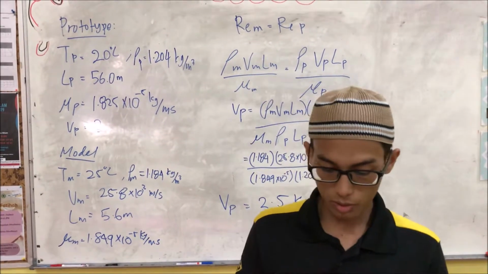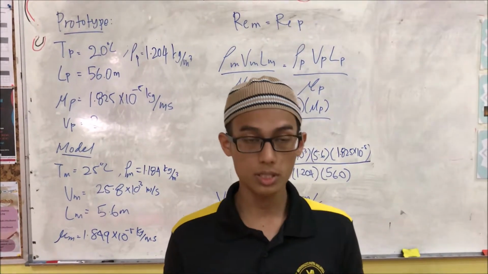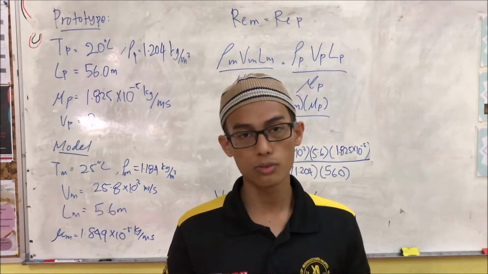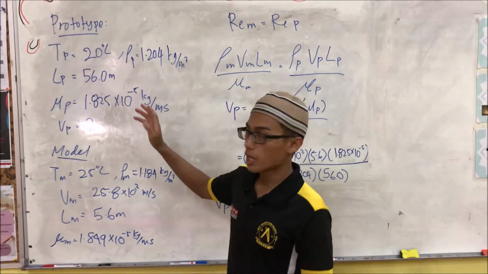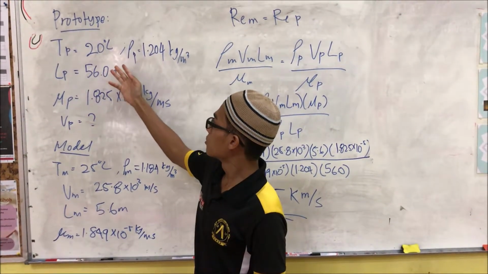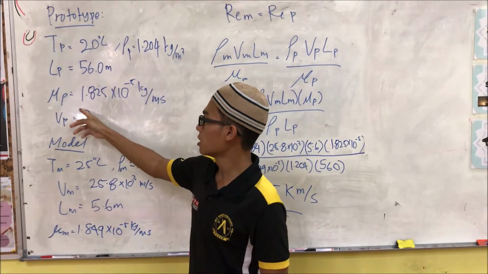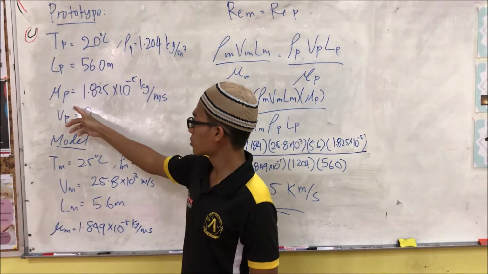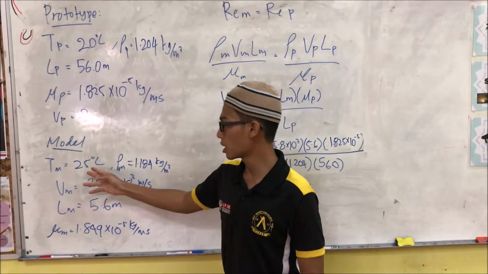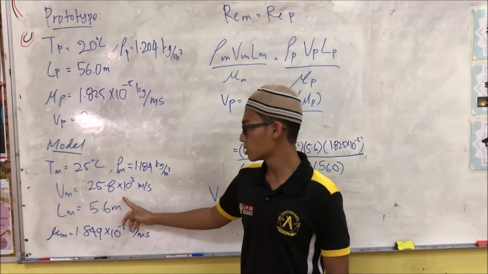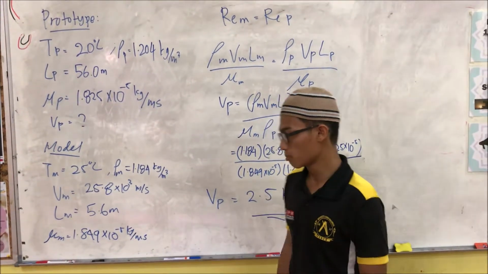Okay, so the Reynolds number is the most well-known and useful dimensionless parameter in all of fluid mechanics. Okay, so we go to the question. From the question we get the temperature, the density, the length of the prototype, the mu of the prototype, and also the information for the model: temperature, velocity of the model, length, and the mu for the model.